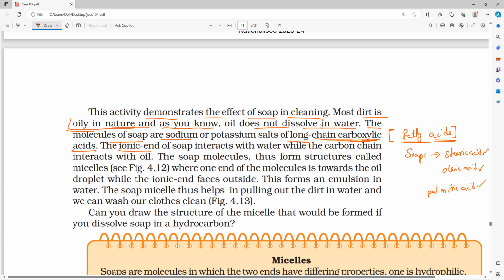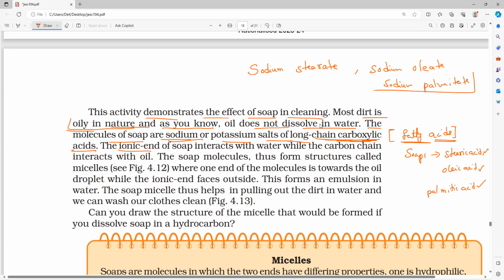Chemically, the soaps are the sodium and potassium salts of carboxylic acid. The soaps we are using in our daily life are sodium stearate, sodium oleate, or sodium palmitate.